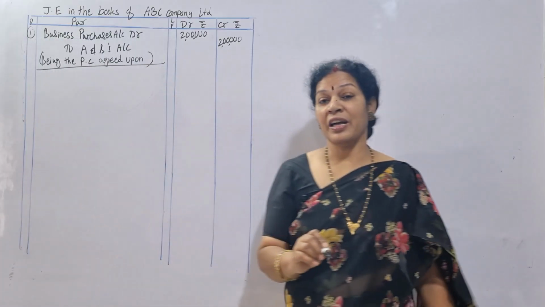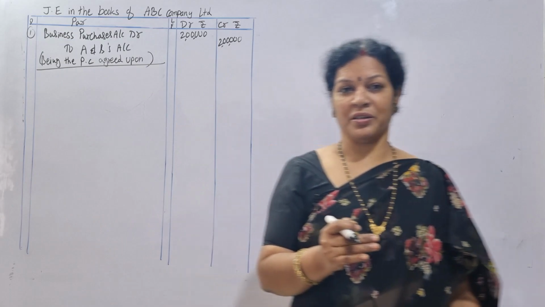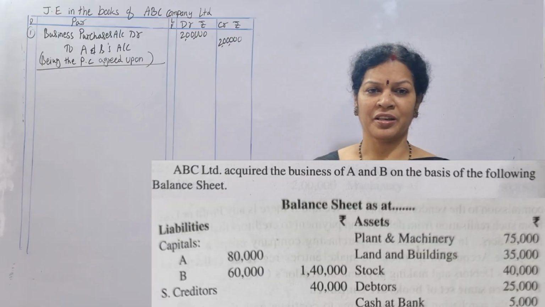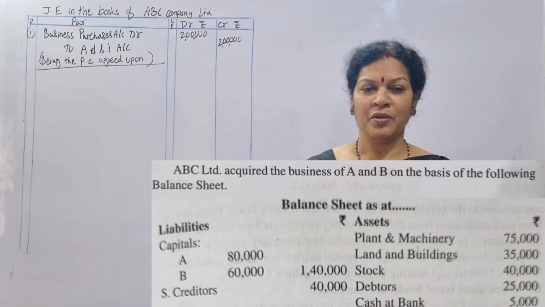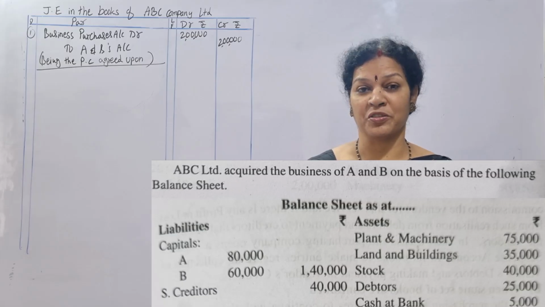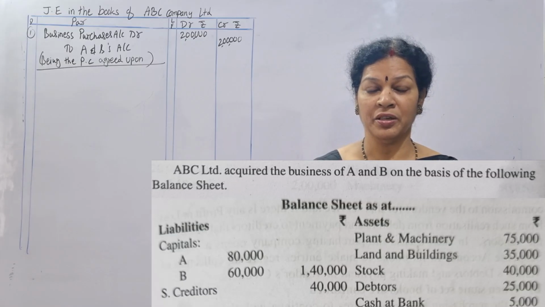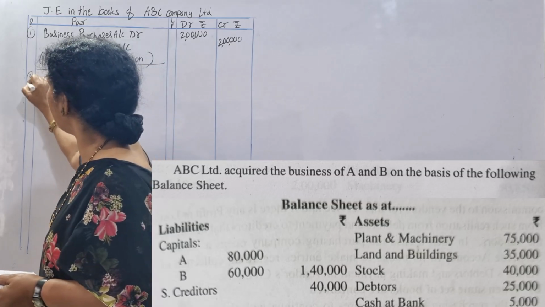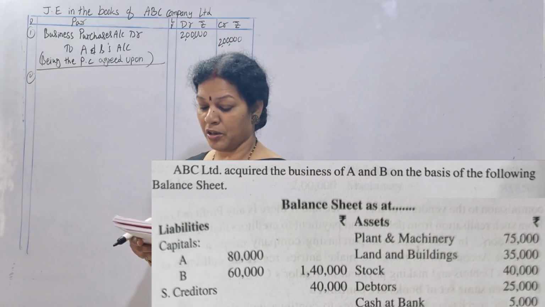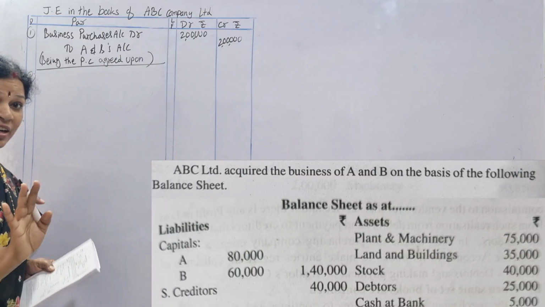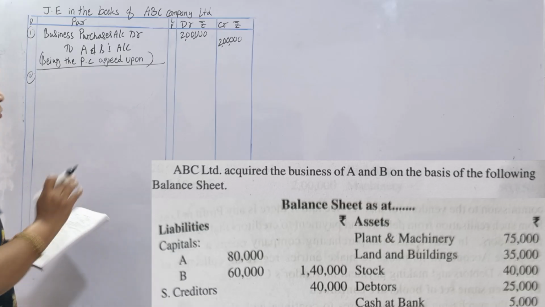The second entry is assets and liabilities taken over. All the assets are taken over by the purchasing company. When assets are taken over, assets account debit to liabilities account and to business purchase account. That is the second entry. First we'll write the assets. All the assets we will write separately. Various assets account debit.